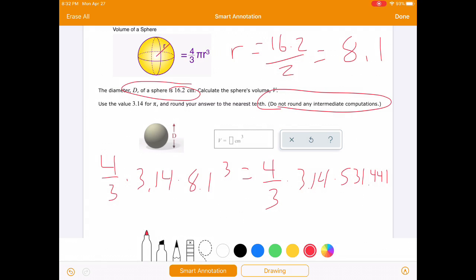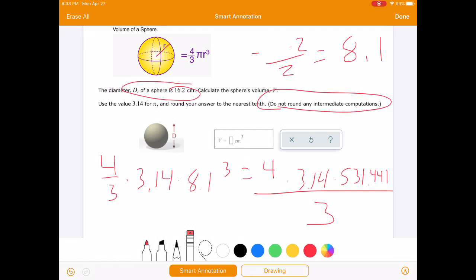Another thing that I want to mention, if you don't have a calculator capable of doing fractions, you don't need to multiply by 4/3. What you can do instead is multiply by 4 and divide by 3. So what your formula could look like instead is multiplying by 4 and then dividing the whole thing by 3.